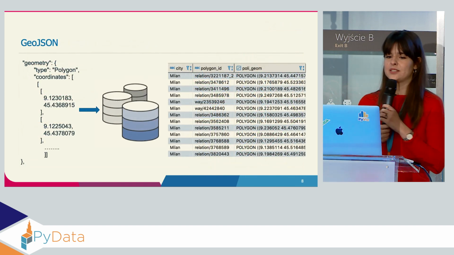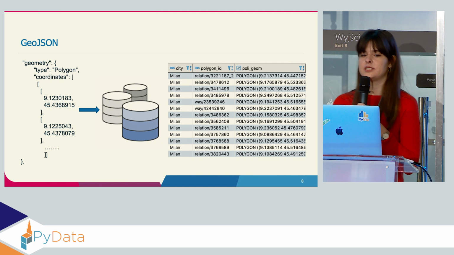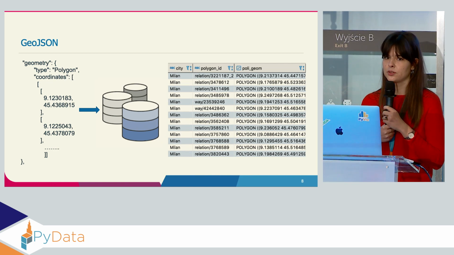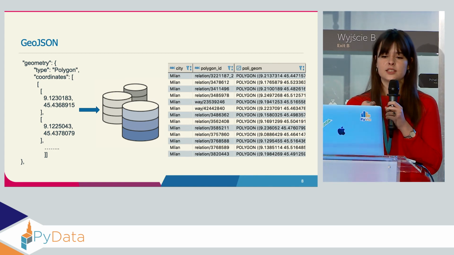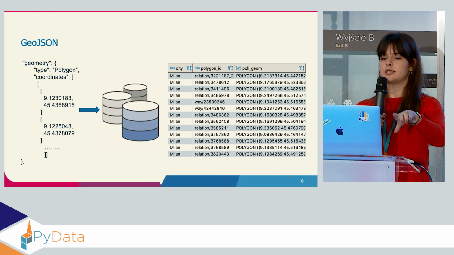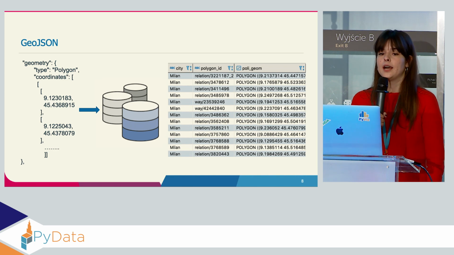So actually Overpass Turbo allows you to store this data as a GeoJSON, for example. You can see here an example of what it looks like. It's a geometry, of type polygon, and then you can see the coordinates, latitude and longitude, for this polygon.